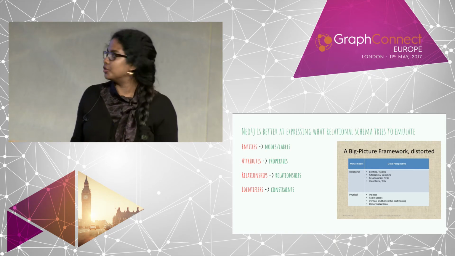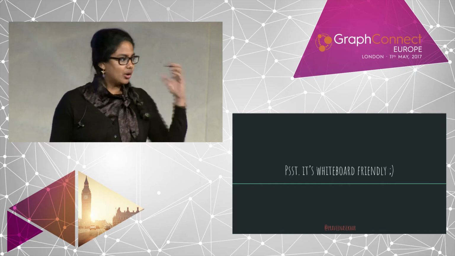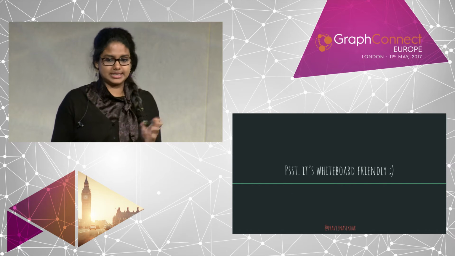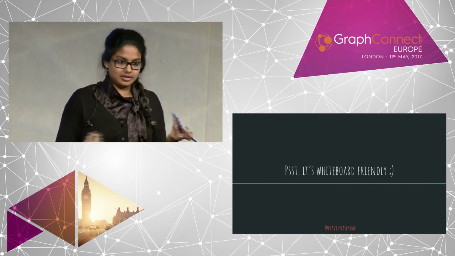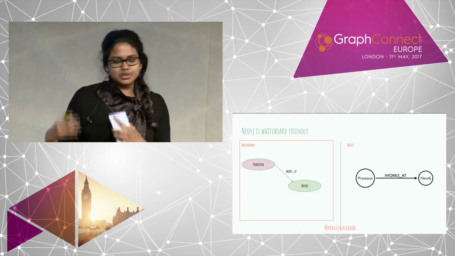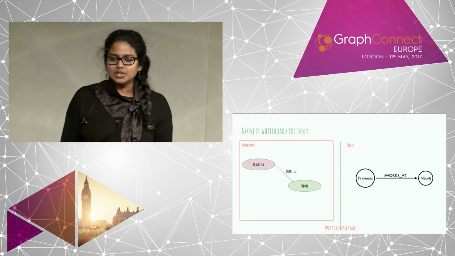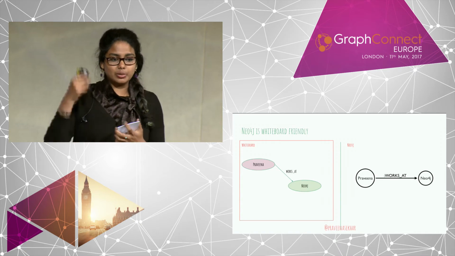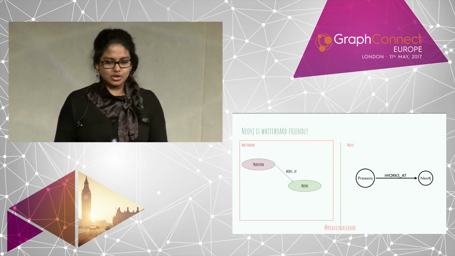And in Neo4j, these lend itself easily, where you have your entities as nodes and labels, and your attributes as properties, and relationships are relationships themselves, and identifiers are used based on the constraints, the unique key constraints. So having Neo4j as a whiteboard friendly domain helps you to break the barrier between your conceptual and the logical model.